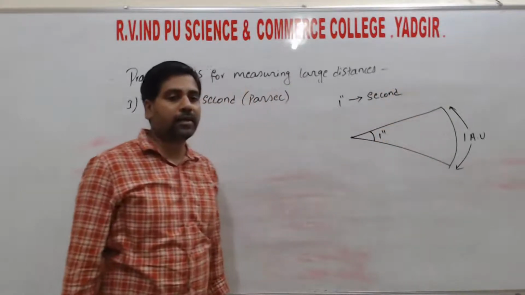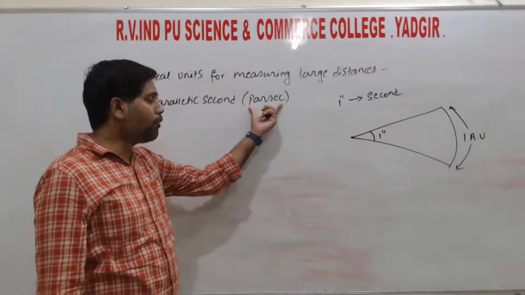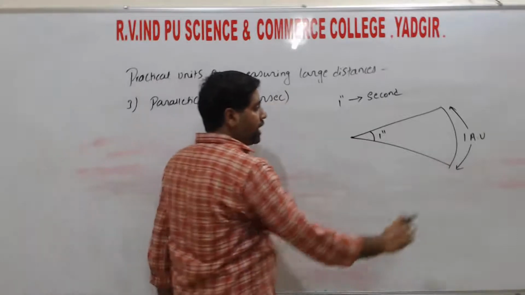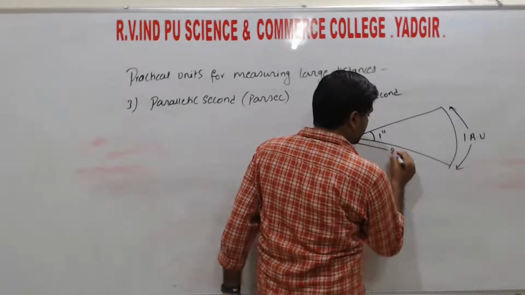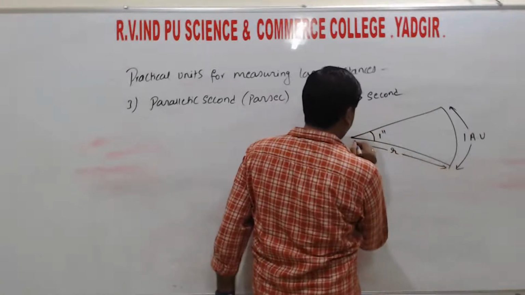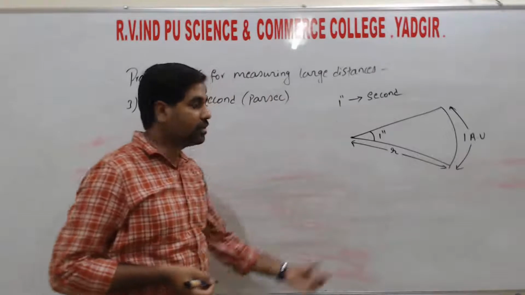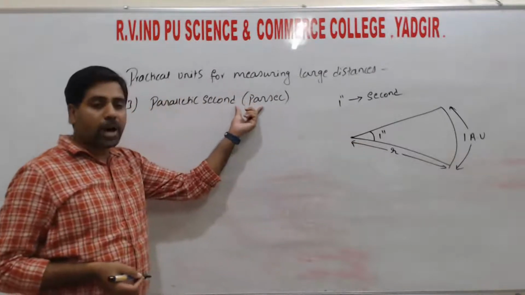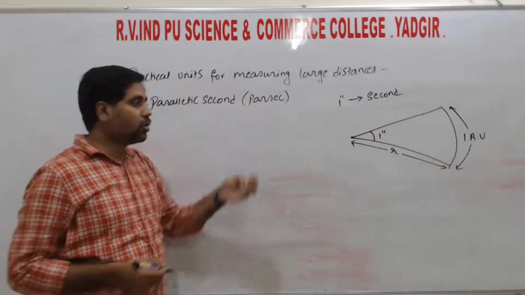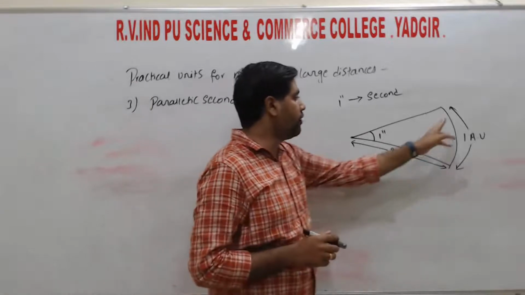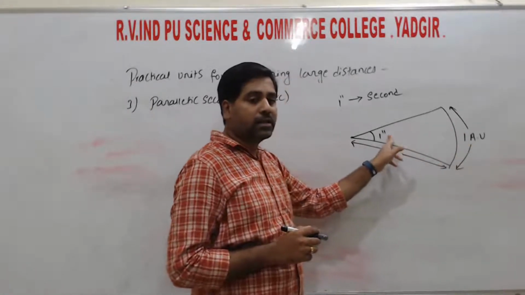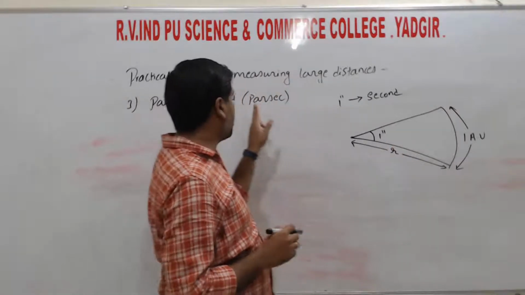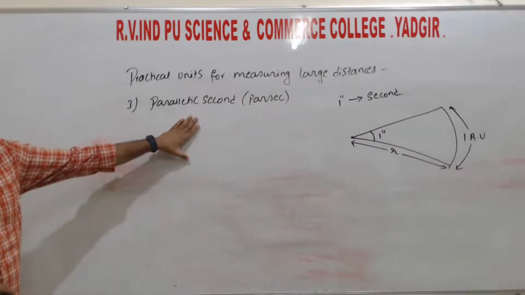So we have this value, and then we need to find this distance, which represents the parsec. Understand here: the arc of length 1 astronomical unit subtended by the angle of 1 second, that distance we call the parsec.